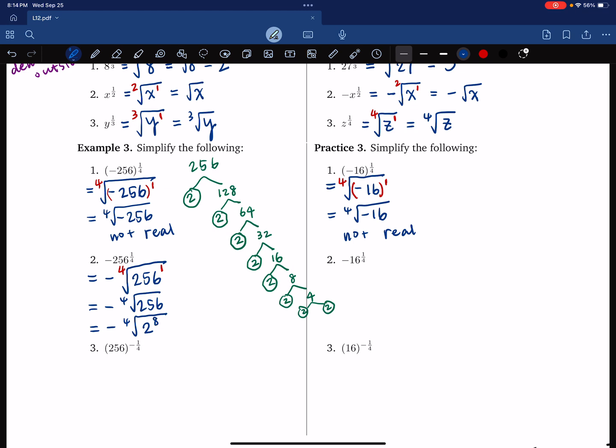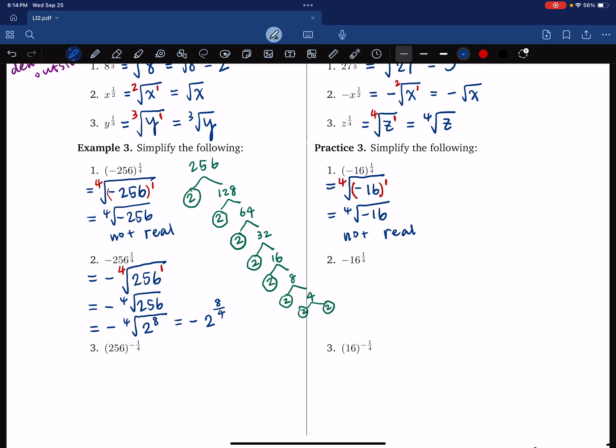2 to the 8th. And then how do you simplify this? Since the exponent is 8 inside and the index is 4 outside, you will copy the negative sign, write the base, and simply divide the exponent inside by the index outside.